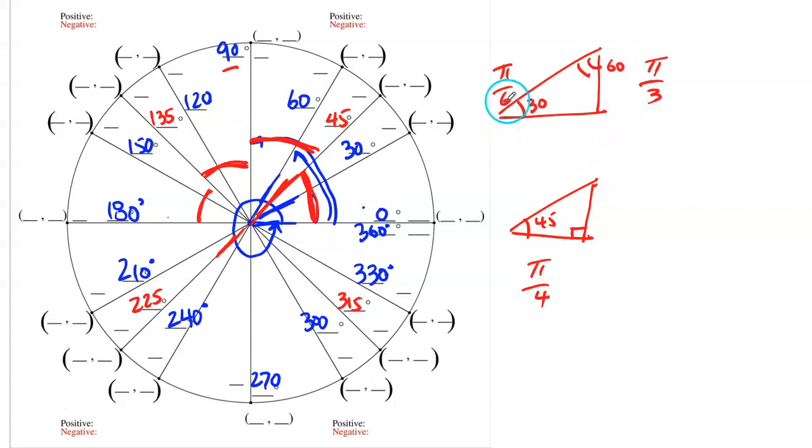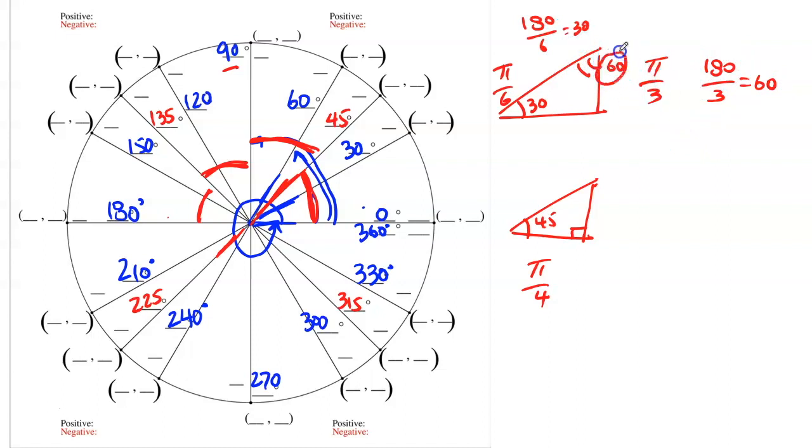If you notice, the 30 degrees has a 6 dividing. Why? Because pi is the same as 180, divided by 6 is 30. Pi is 180, divided by 3 is 60. So that's an easy way to convert degrees to radians.